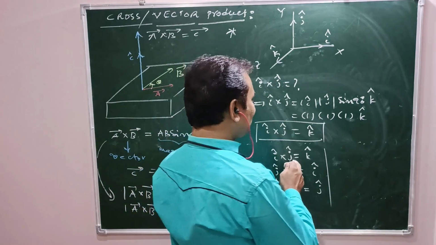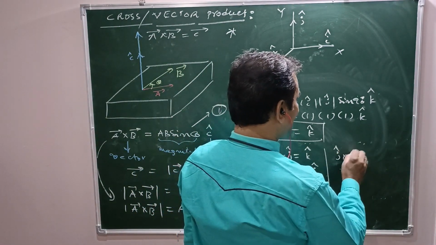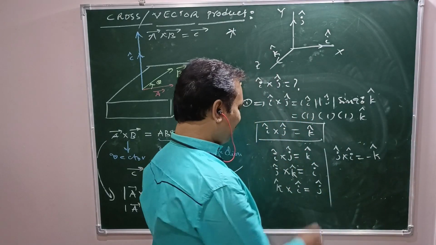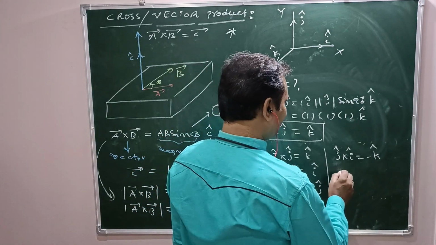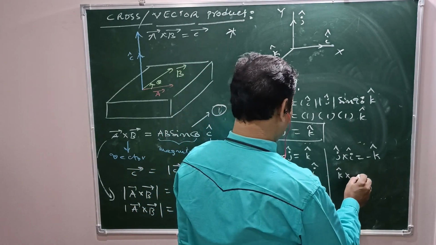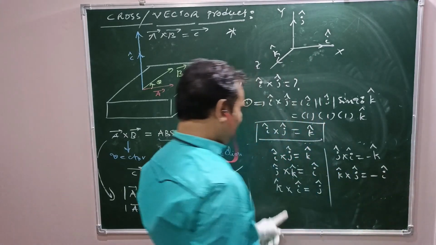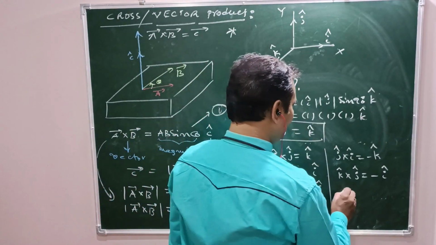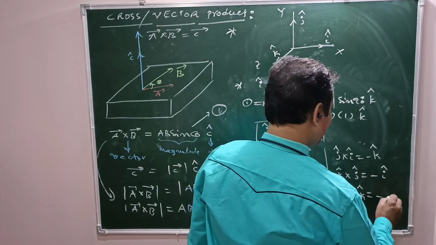I cross J equals K, J cross I equals minus K. Similarly, J cross K equals I, but K cross J equals minus I. K cross I equals J, but I cross K equals minus J.